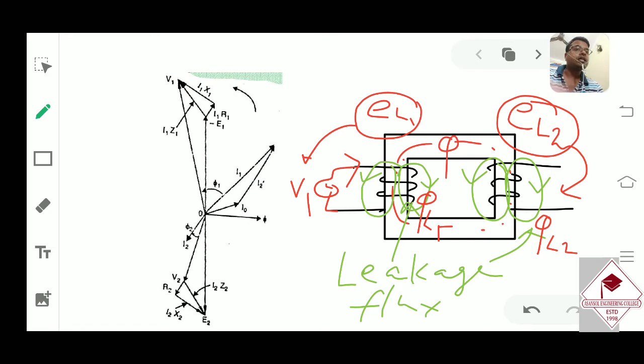To represent this, we introduce an inductor that is equivalent to the leakage flux. So we will introduce an inductor in the equivalent circuit diagram for the transformer.